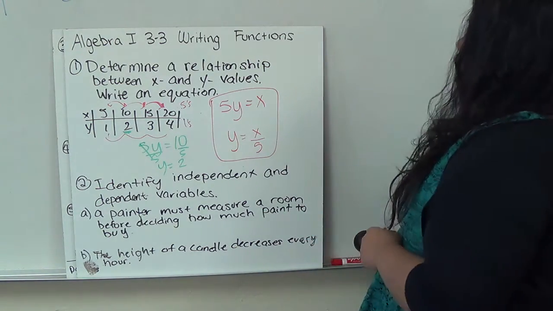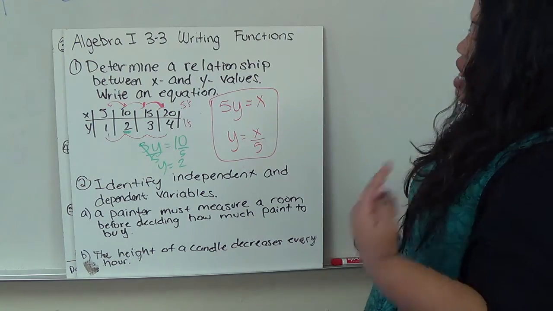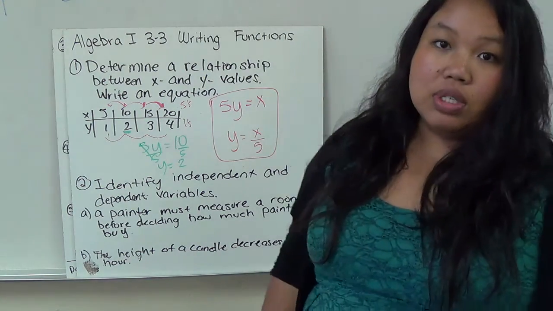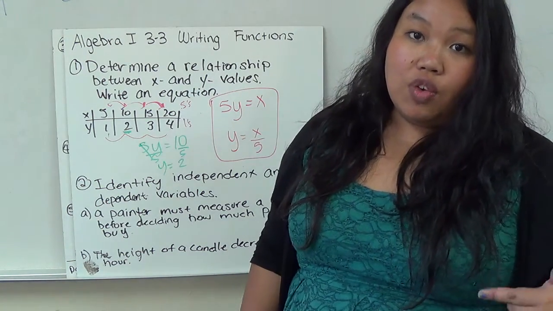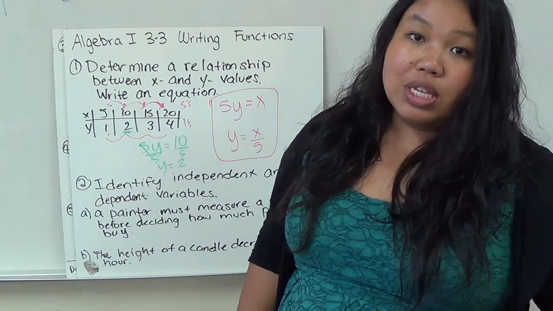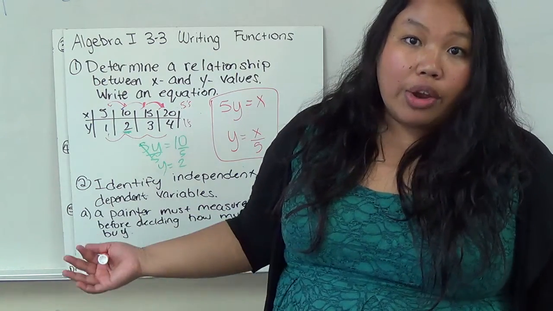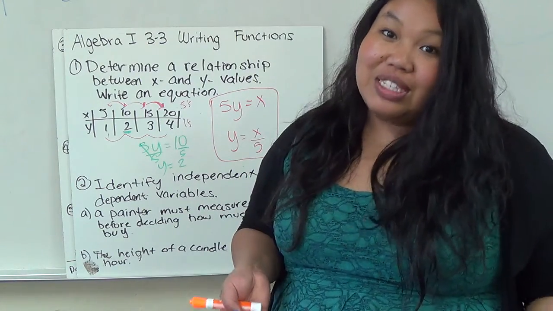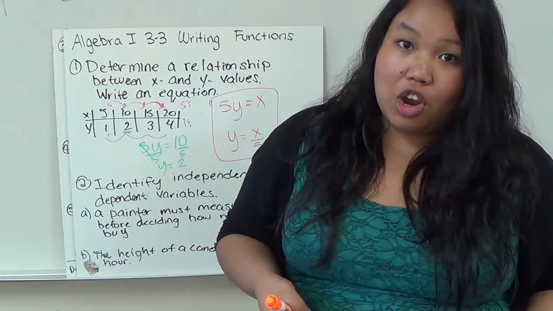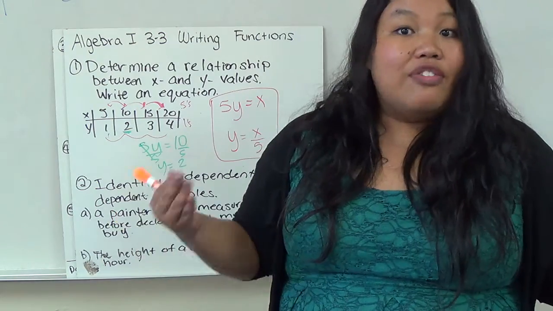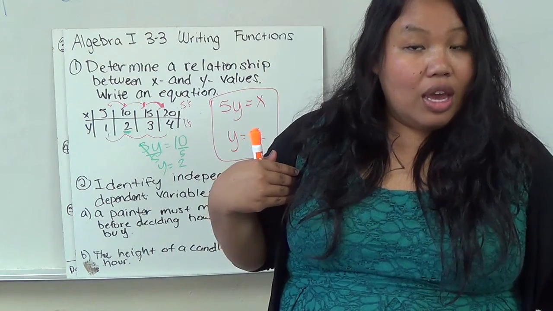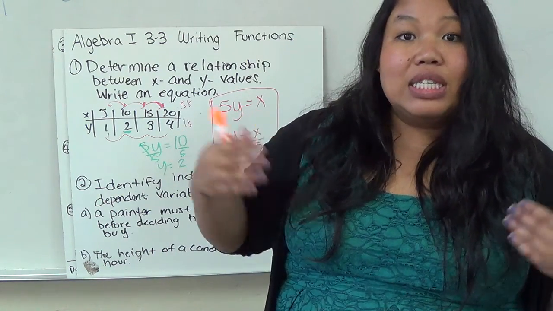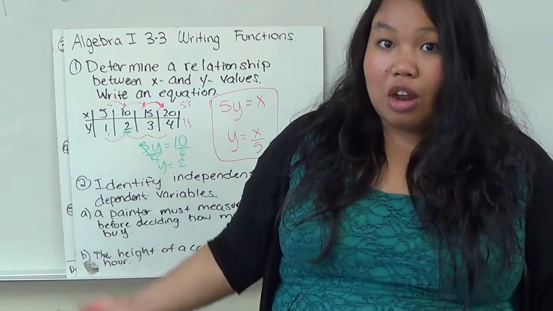Number 2, we need to identify the independent and dependent variables. Since you've already done the vocabulary, you should know the independent variables are variables that go on without depending, where the dependent variable depends on the independent variable. For example, if I'm driving, the distance I'm driving depends on the time that's gone by.